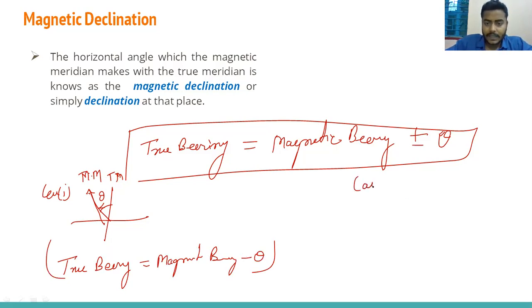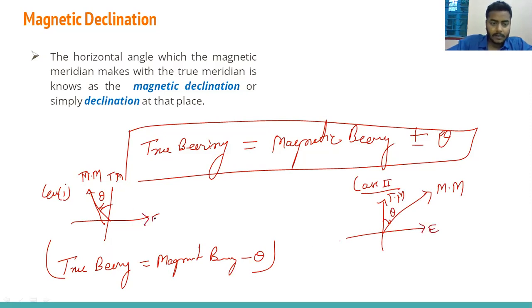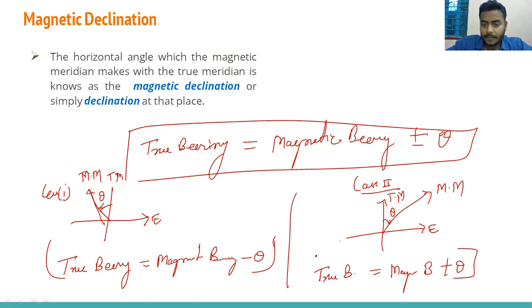But for the second case, when declination is towards west, we can write true bearing equal to magnetic bearing plus theta.